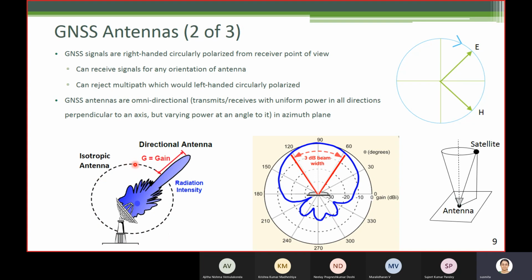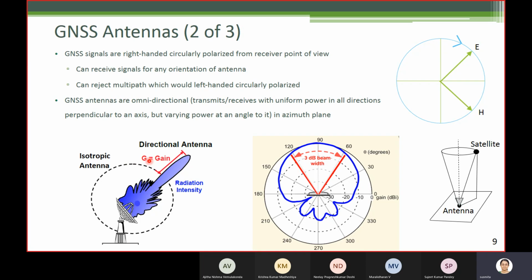Okay. Now a directional antenna, instead of transmitting power uniformly in all the directions, focuses more power in a particular direction by applying a suitable gain to the radiation intensity of that isotropic antenna. So an isotropic antenna would give the power density as Pt by 4 pi r square.